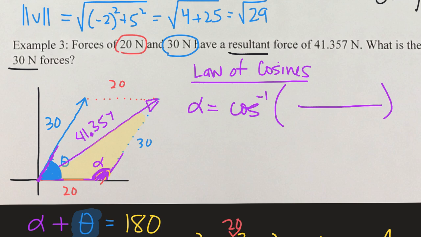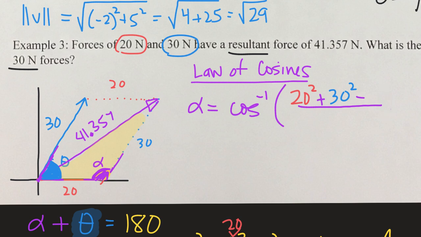So we're going to call B the 20 vector, 20 squared, plus your other vector, which is 30 squared, minus, there's a minus in our problem, minus the resultant squared.